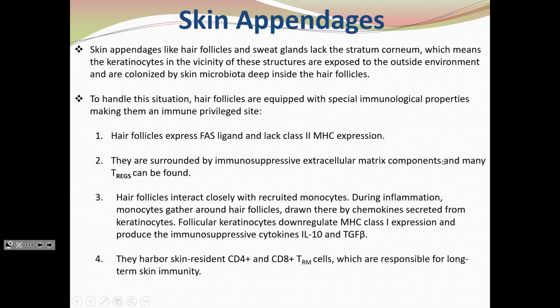This is in the form of the expression of surface molecules like Fas ligand and PD-1 ligand, such that when these inflammatory immune cells start to try to attack these normal parenchymal cells, the attacking lymphocytes themselves will be suppressed or induced to die by apoptosis. So this is one way of these normal cells protecting themselves from immune-mediated damage.